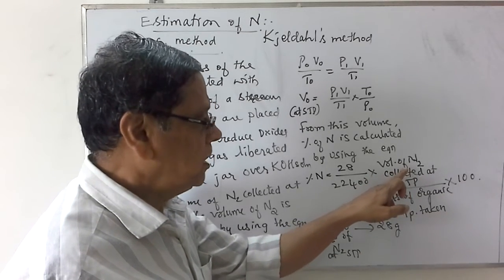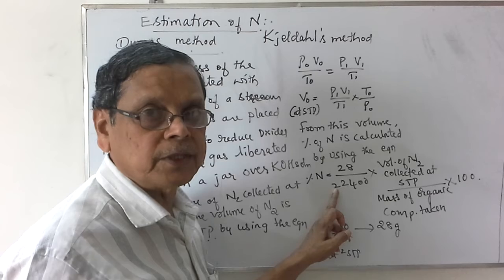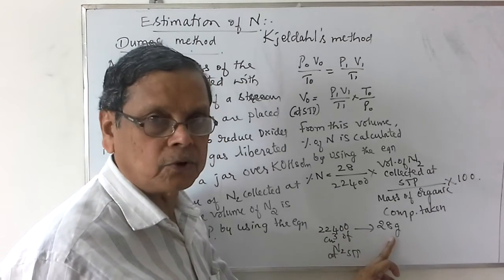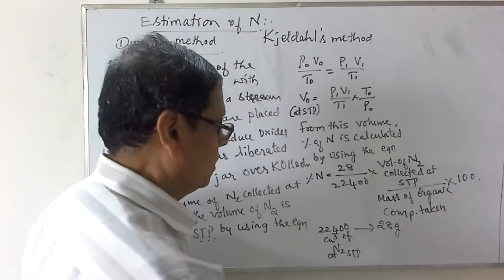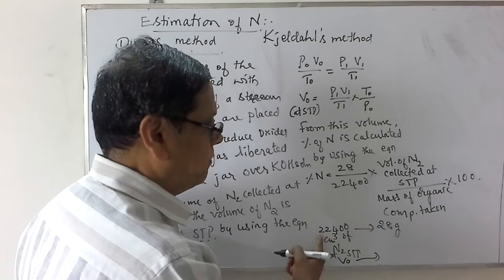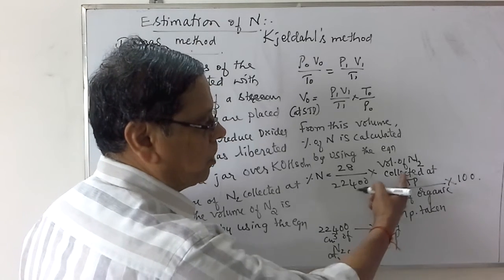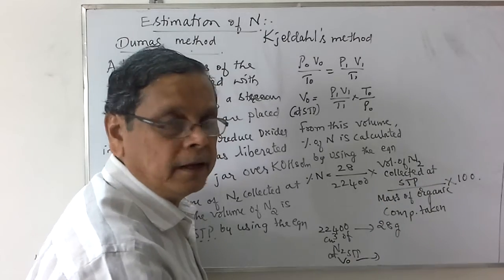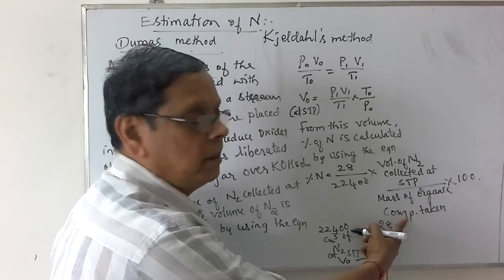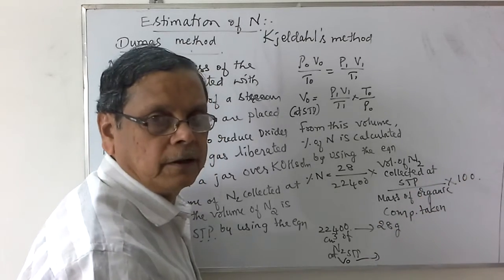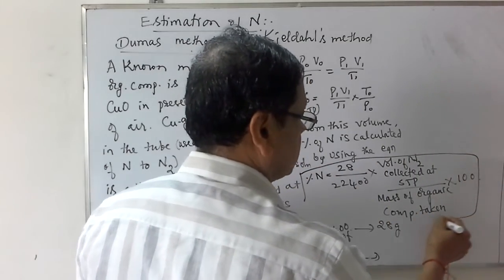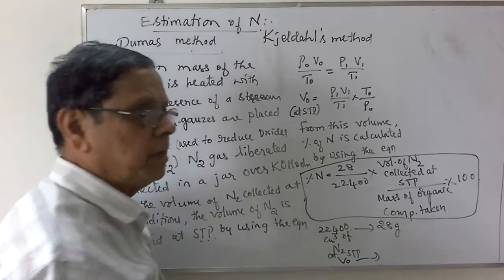Therefore 22,400 cm cube has the mass equal to 28. This V naught will have 28 divided by 22,400 into V naught, where V naught is the volume of nitrogen collected at STP. This much nitrogen is present in the given mass of the compound. Therefore, 100 grams will contain how much? So this is the equation used for the calculation of the percentage of nitrogen by the Dumas method.